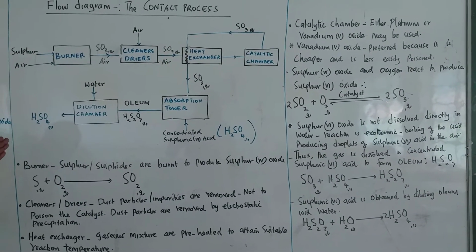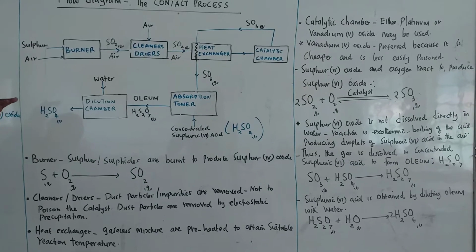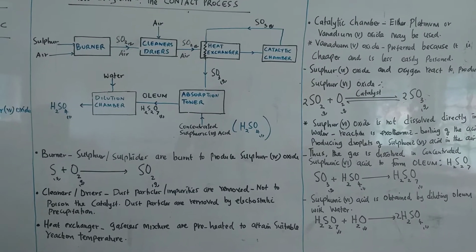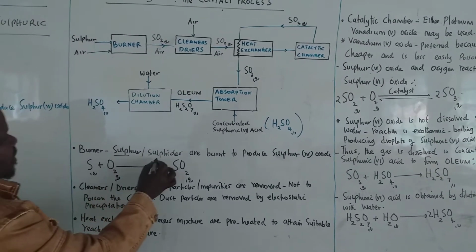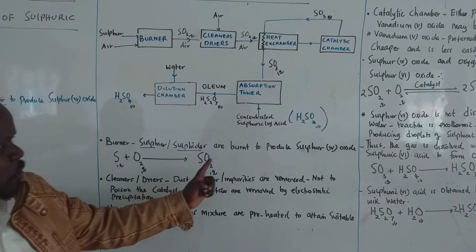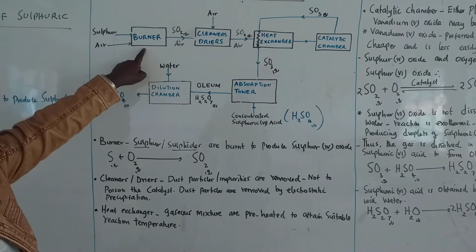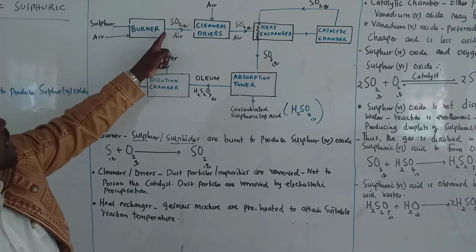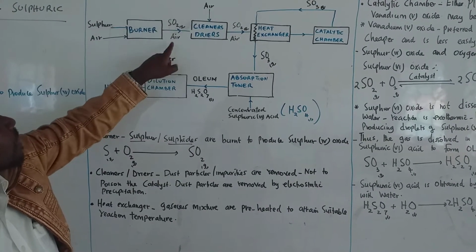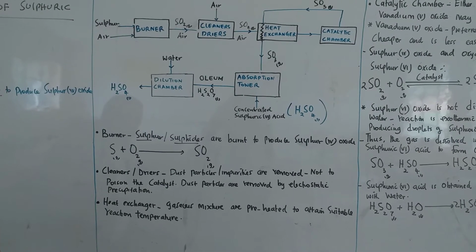Now, let's briefly look at what happens at each of the steps. At the burner, either sulfur or sulfides are burnt to produce sulfur 4 oxide, and this is the equation for that reaction. That is why the gas exiting this burner is sulfur 4 oxide and also the unreacted air.